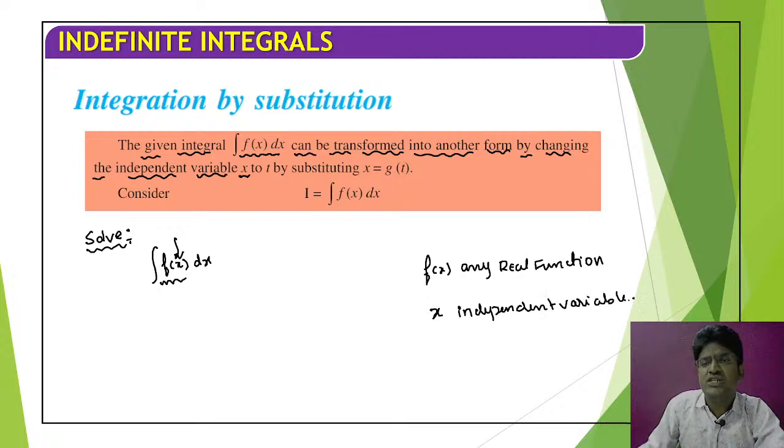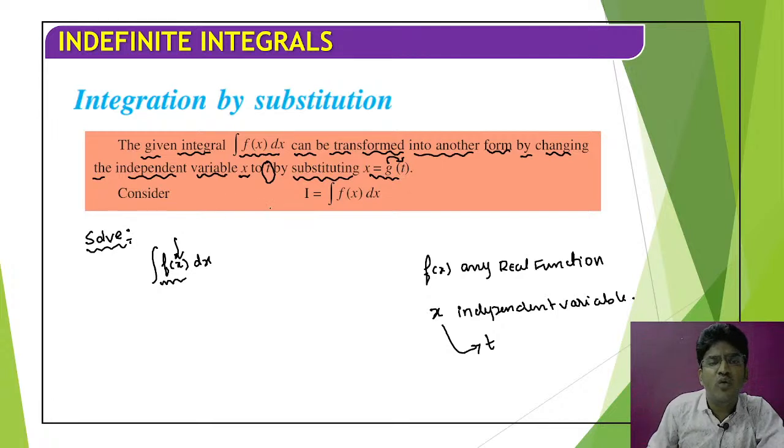This independent variable can be changed to another letter, that is t. So this x is going to be changed for t. That means they are substituting x equal to g of t.